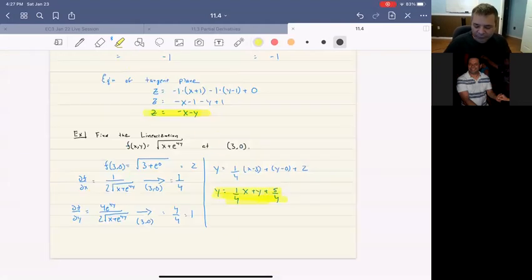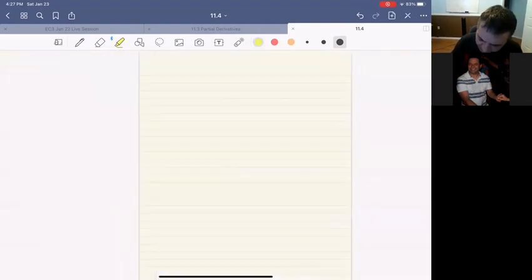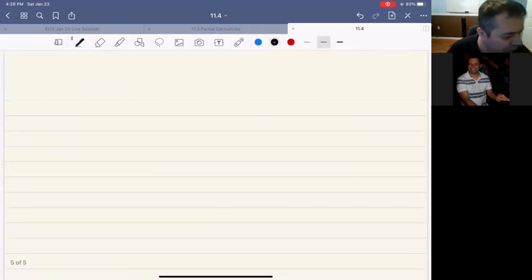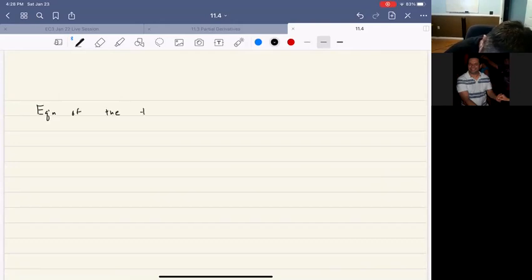Okay, let's do one more. We're going to find the equation of the tangent plane for x squared plus y squared plus z squared equals 4 at 1, 1, square root of 2.